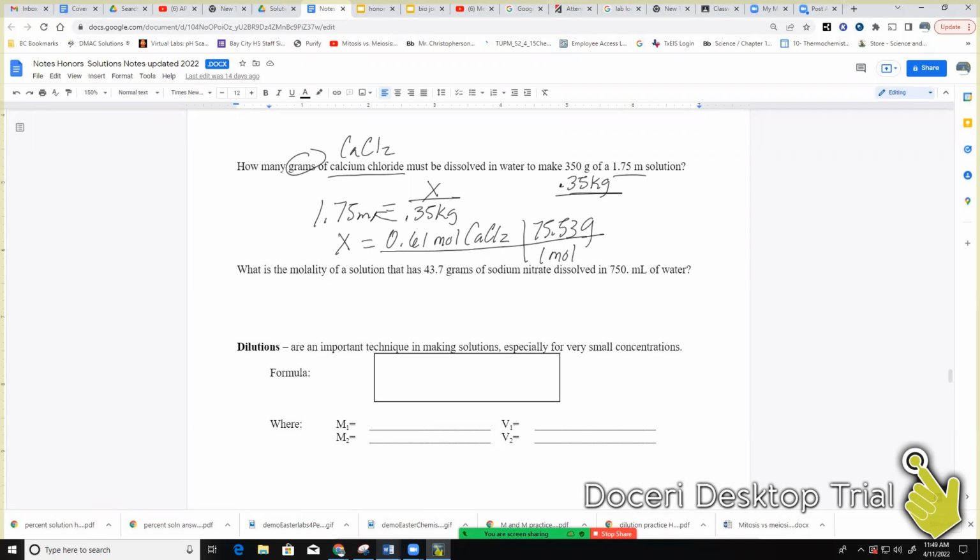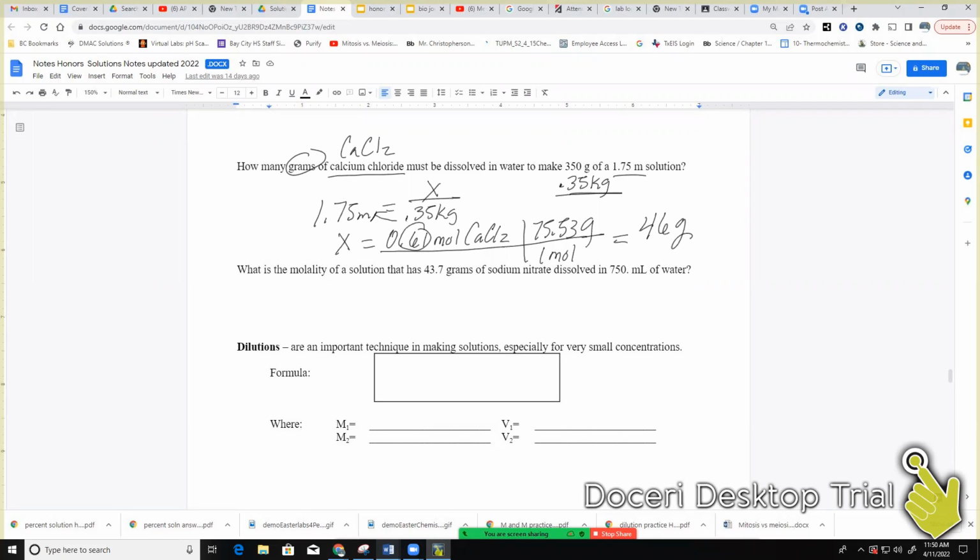So multiply across, our number should be getting bigger. 2 sig figs would be my answer. And I got 46 grams. So if I measured out 46 grams of calcium chloride and added it to 350 grams of water, which is the same thing as 350 mils, I should get a 1.75 molal solution.